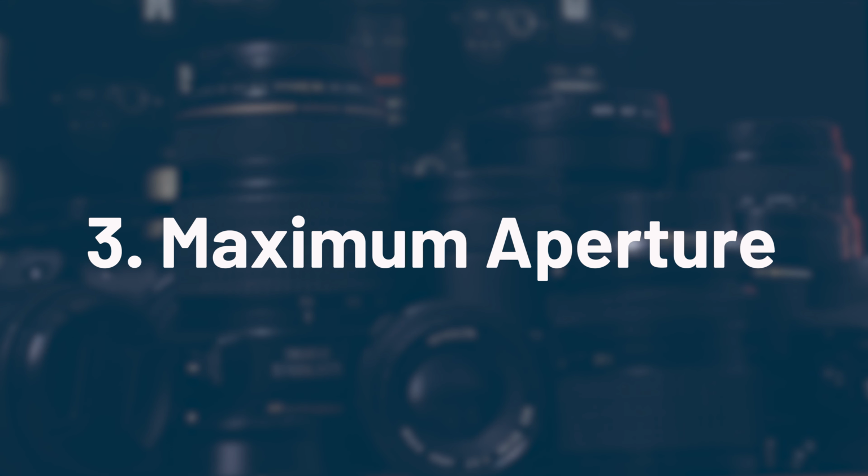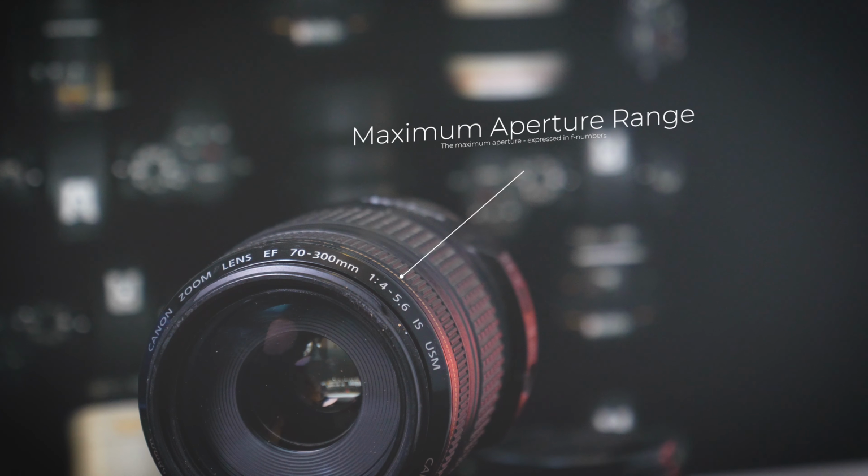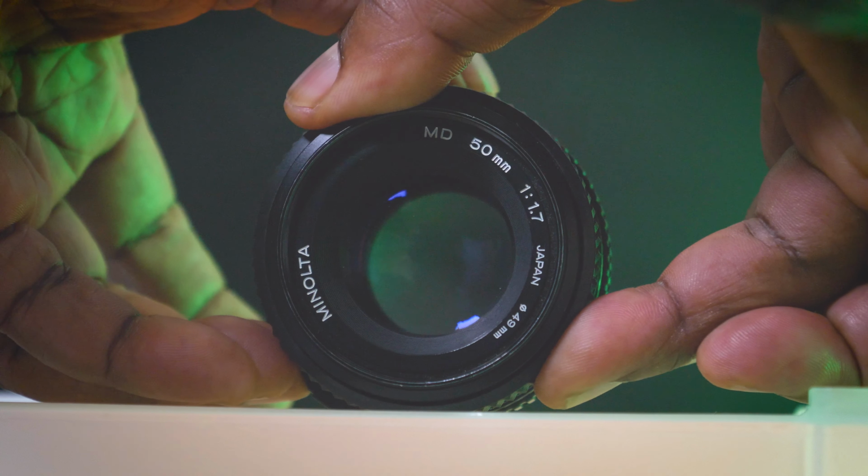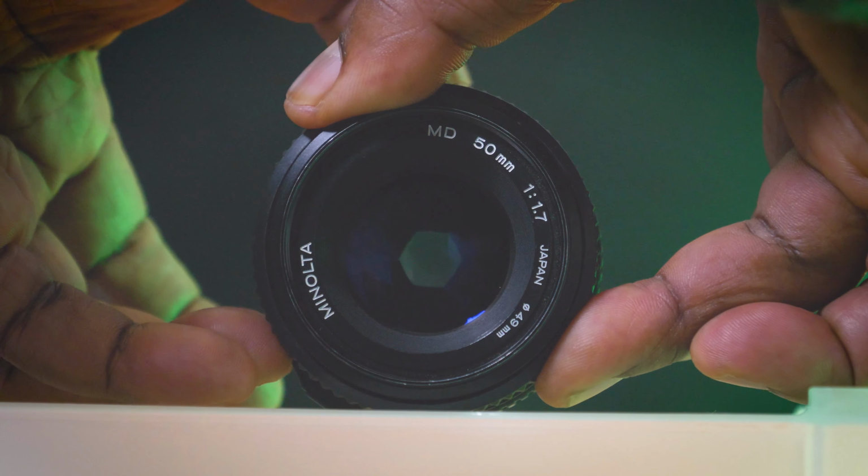On most lenses, it will be written as a ratio. So in this case, you have 1 and then a colon 4 to 5.6. So what that tells you is the maximum aperture for this lens is 1/4 to 1/5.6. Now aperture refers to the opening in your lens.